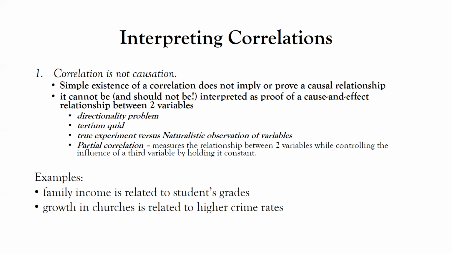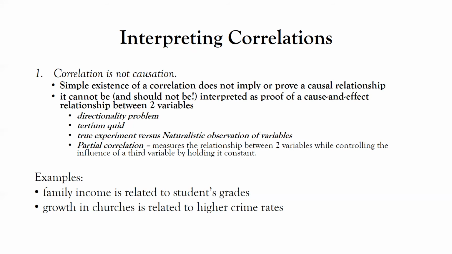For instance, the directionality problem. This is like the age-old question of which came first, the chicken or the egg. The same goes for your variables. Which should I consider as the first variable, because that's the cause, right? And which is the effect? That's very difficult to prove in correlation. So let's not do that.